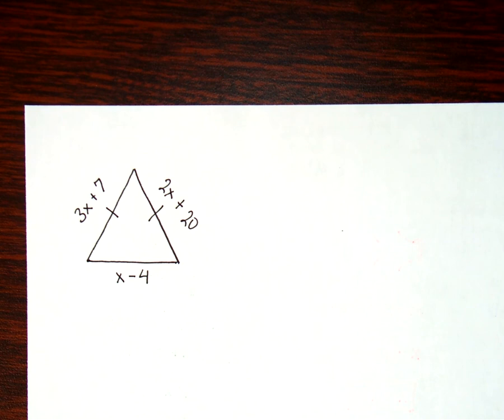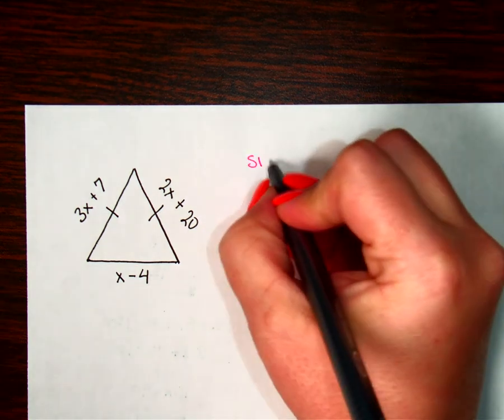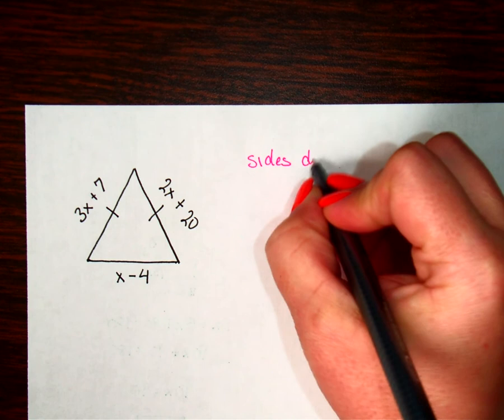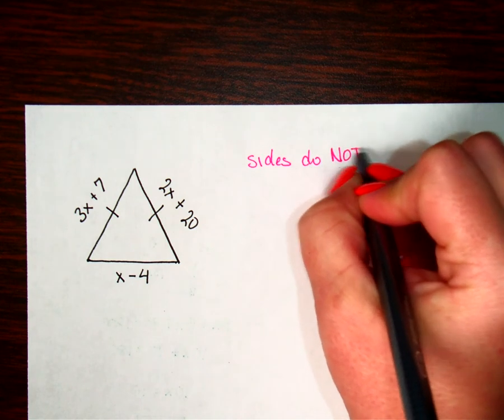Okay? So a lot of times people will see this problem and they'll say, oh, all three sides add up to 180. And where we go wrong is sides don't add up to 180. Okay? That's super important to remember. Sides do not add up to 180.